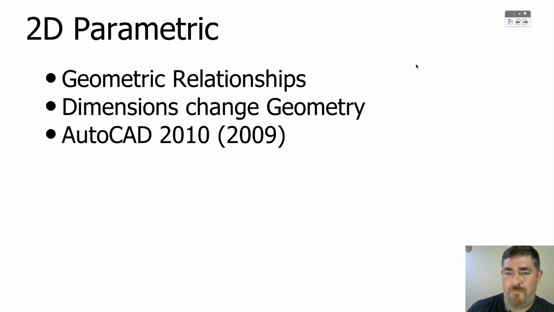And then Autodesk saw that parametric was really a good thing. So they went back and added some parametric abilities into the 2D parts of AutoCAD, so that you can draw geometry in AutoCAD in 2D and still add those geometric relationships and have it where the dimensions change the geometry. A real big part of this is what we call blocks. Think of symbols that we use a lot of times, but that might need to change.